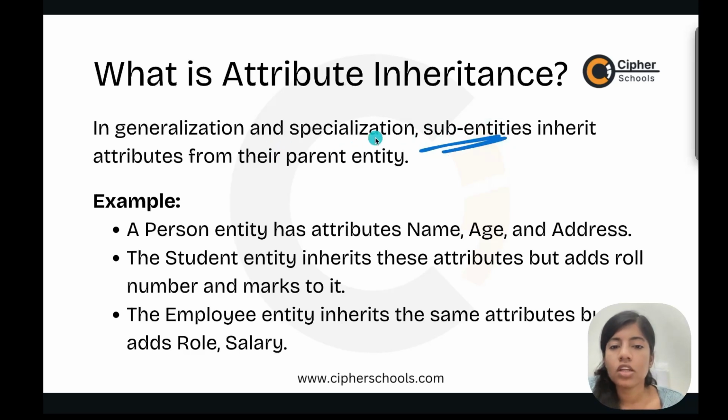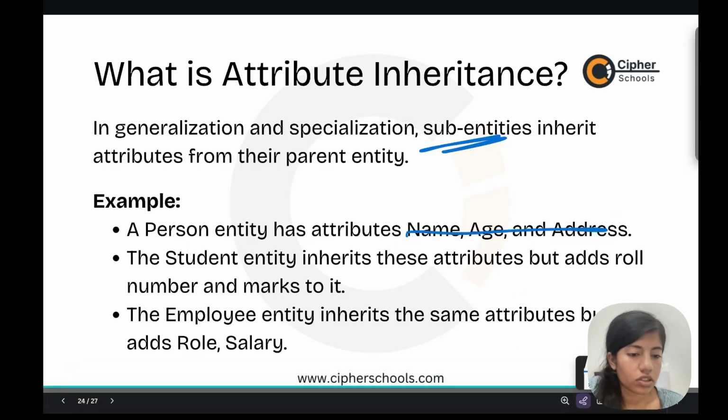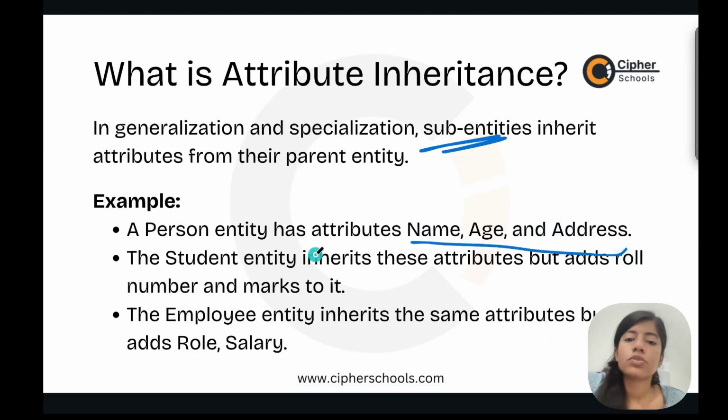Now, talking about the example of person, a person has name, age, and address as its attributes. Now, the student entity specifically has roll number and marks as its attributes.